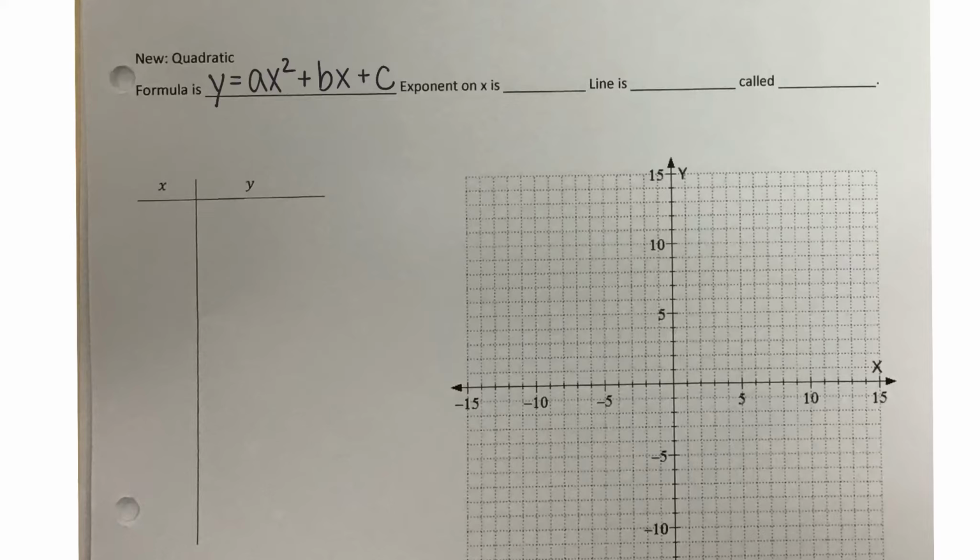Now, let's discuss the fact that we have x showing up twice. It doesn't always appear twice, but it usually does. And there has to be an exponent of 2. So the biggest exponent on x is 2. If there's no 2, then it's not quadratic. It has to have an x squared. The line that we're going to make is going to be U-shaped, and it is called a parabola.